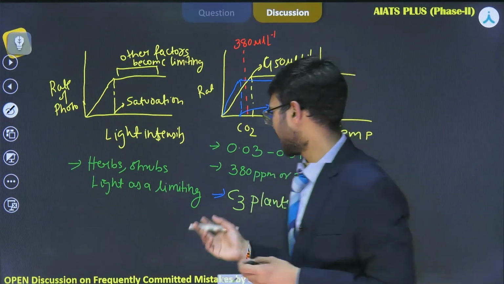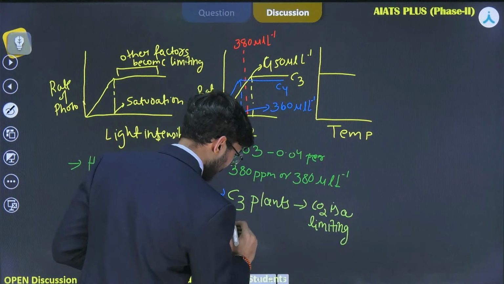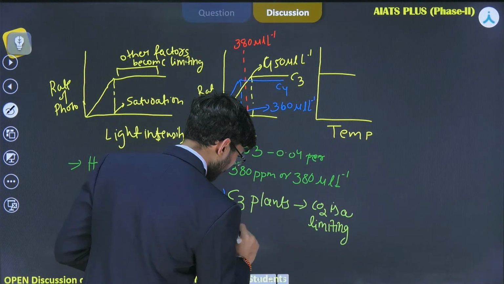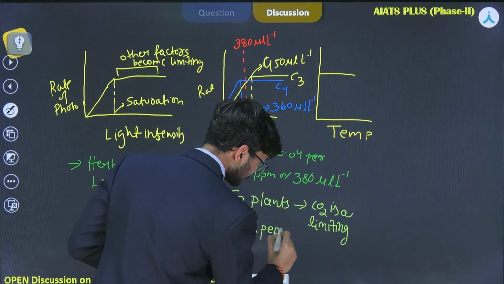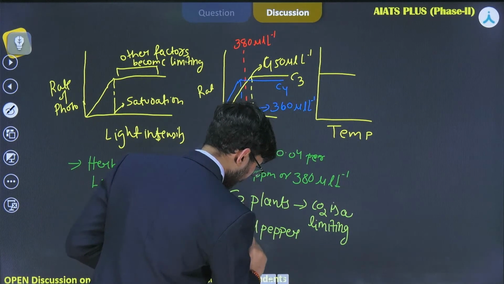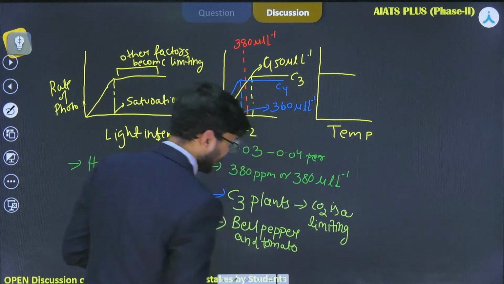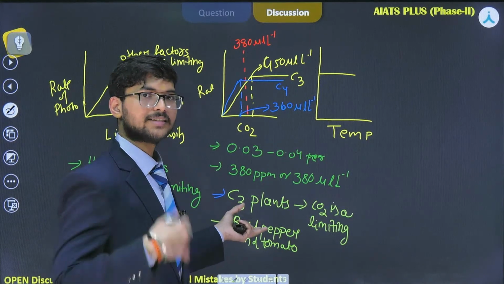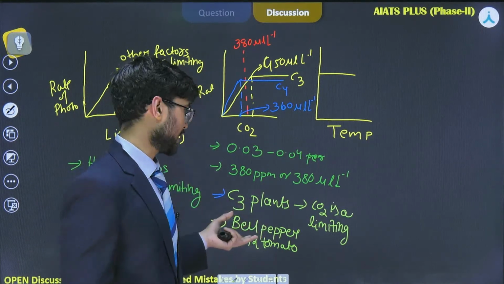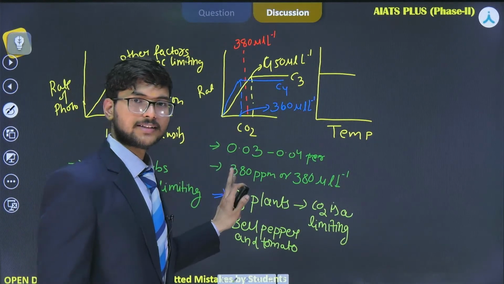So you can use this property of C3 plants for producing higher biomass, like bell pepper and tomato in the greenhouse. Okay, now that was all about the concept of carbon dioxide as a limiting factor.